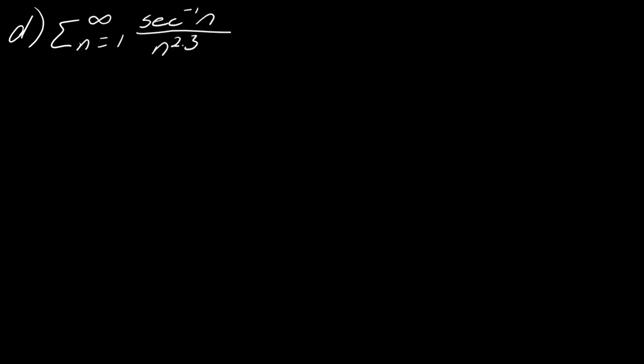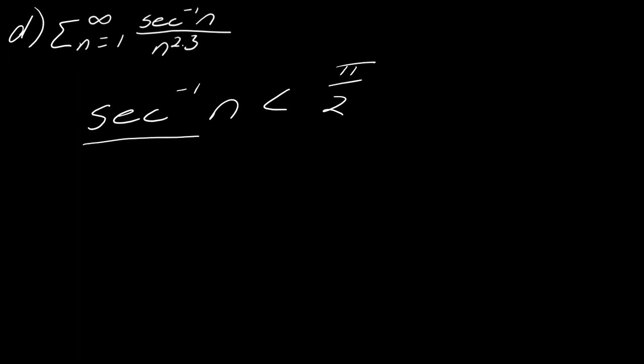The thing to know about inverse secant is that it's bounded, so it's always less than pi over 2. If I know that, then I can pretty easily create a little comparison and just divide both sides by n to the 2.3.